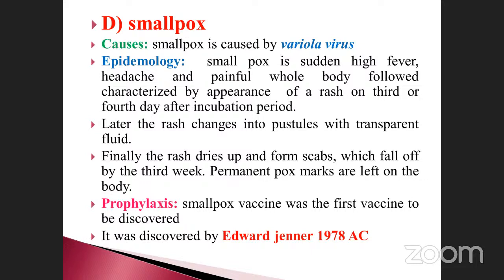But later the rash changes into pustules with transparent fluid, just like liquid, water. Finally, the rash dries and forms scabs, which fall off by the third week. Permanent pox marks are left on the body, particularly on the face and also the abdomen, and also the chest.